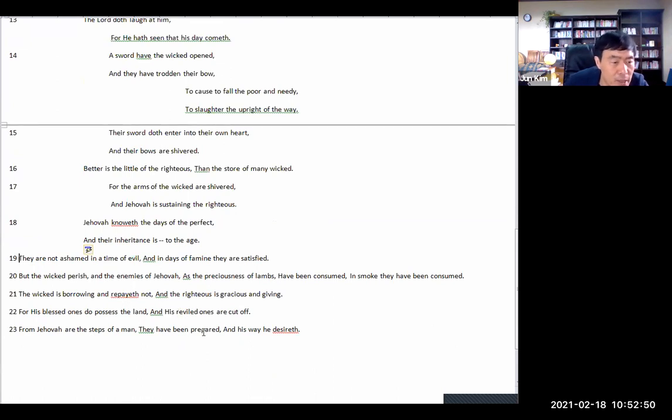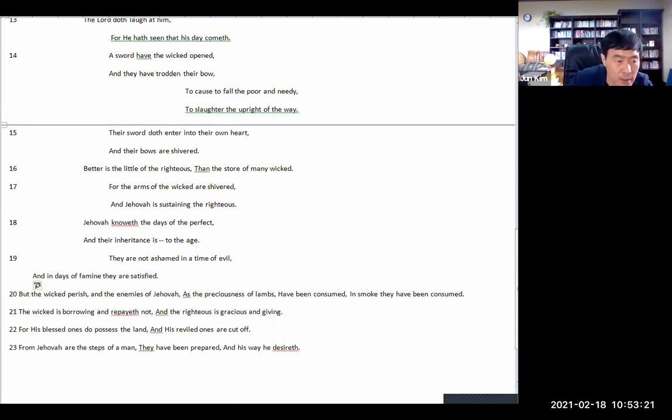They are not ashamed in a time of evil, and in the days of famine they are satisfied. Maybe it deals with the days of the perfect, and then the days of the age. So they are not ashamed in the time of evil. So probably it deals with another subordinate idea in terms of what is going on in verse 18. Like this.